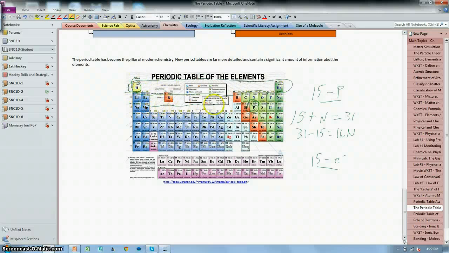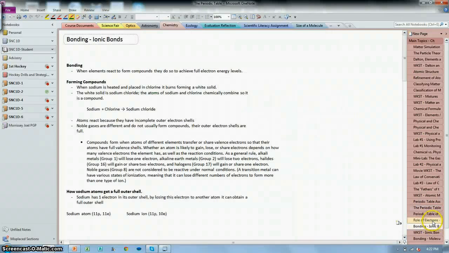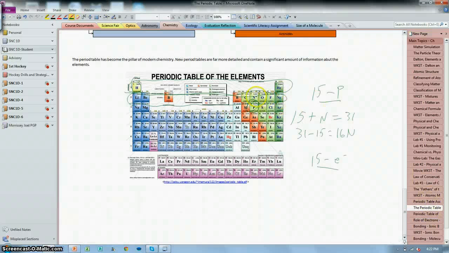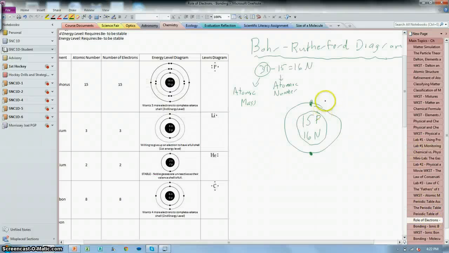And the second shell, we count those out as having 8. So the periodic table gives you hints on how many of those there are. So 2 in the first shell, right? We go back, we see 1, 2, 3, 4, 5, 6, 7, 8 in the second period. So that means I can put 8 in that second energy level.